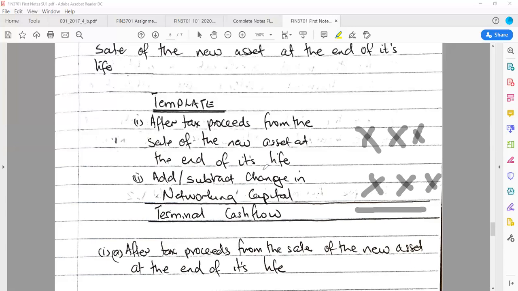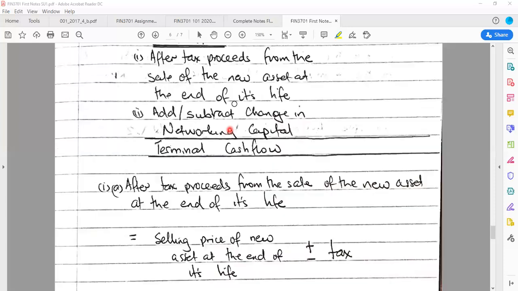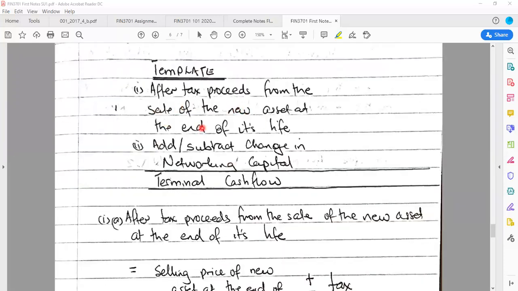So this is the cash flow associated with selling the new asset at the end of its life. To calculate this, we need to be able to calculate the after-tax proceeds from the sale of the new asset at the end of its life.